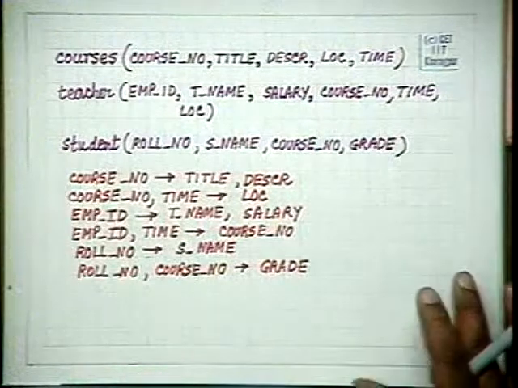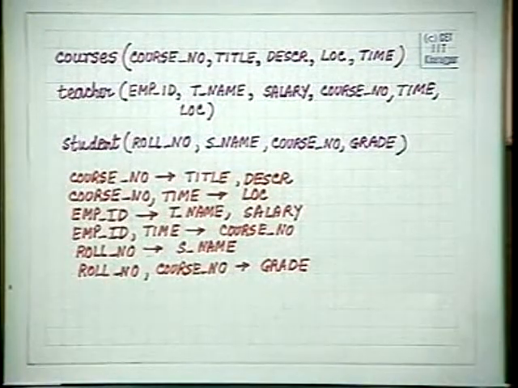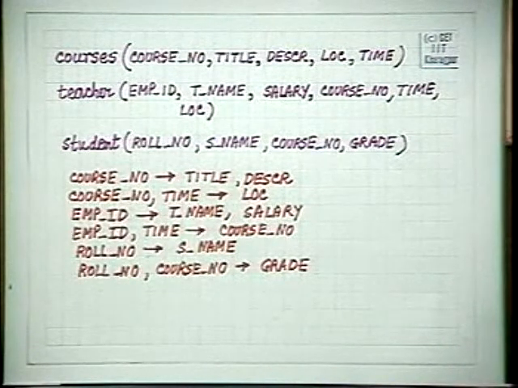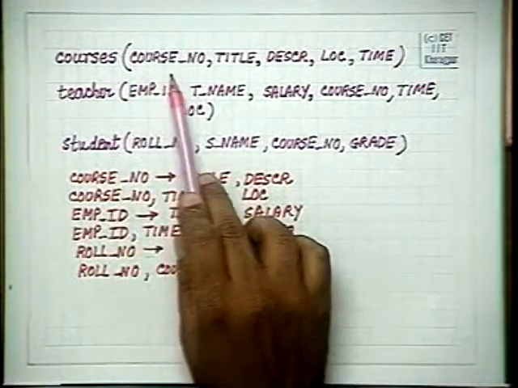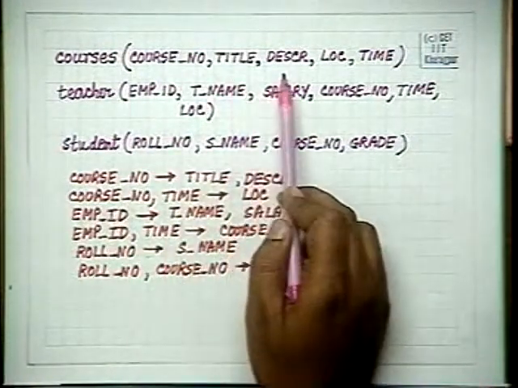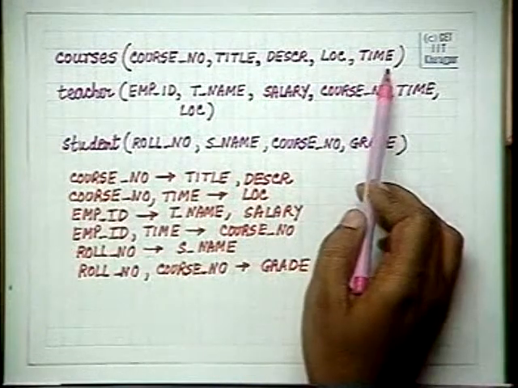Finally, let us work it out for a more reasonable example. We have courses with course number, title, description, location and time.